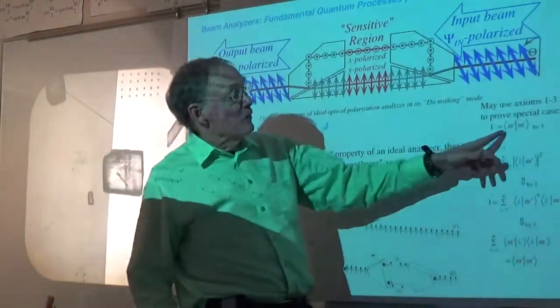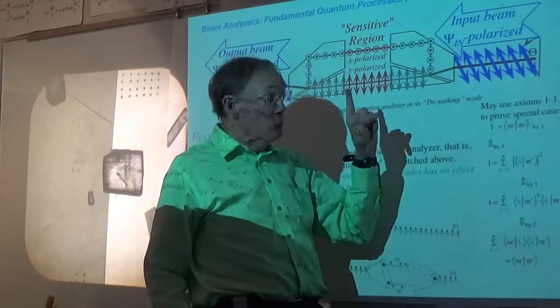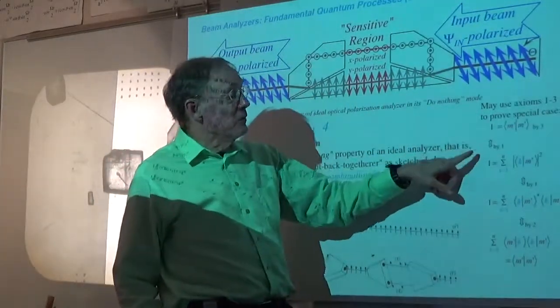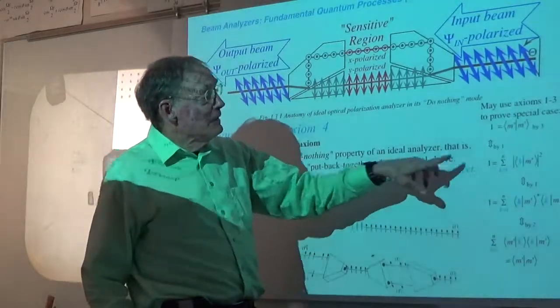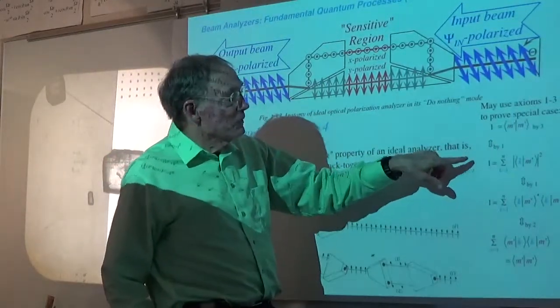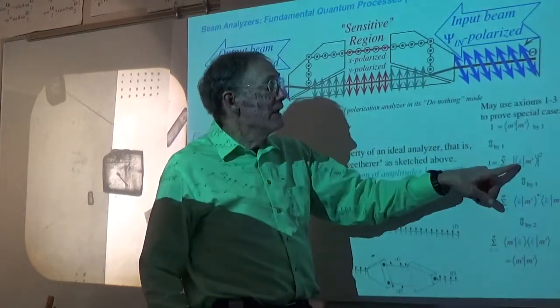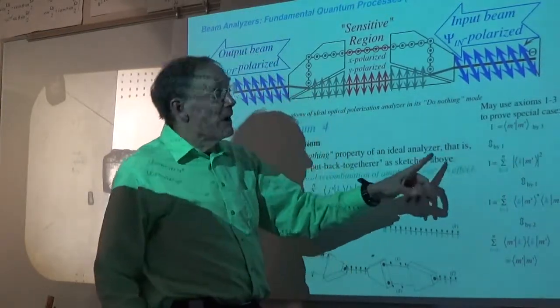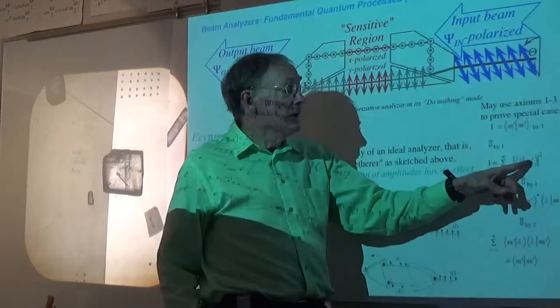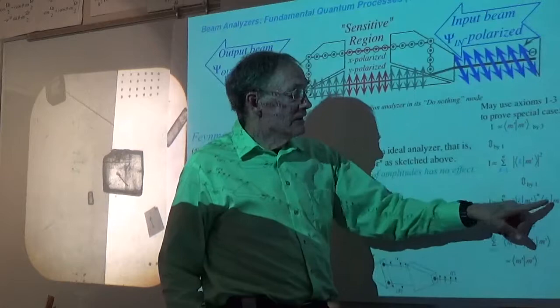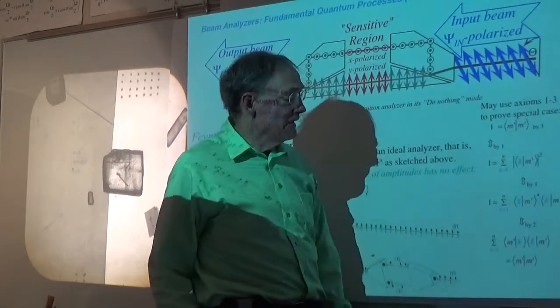Now we already showed by orthonormality that that thing should be 1. And then by axiom 1, we can say, I'm going to go M prime K, and then K M prime. Well, that's the same as M prime K star, right?